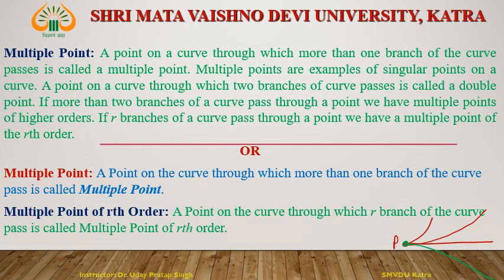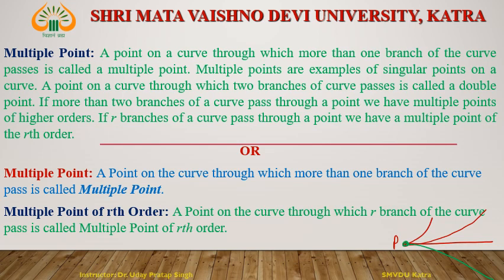If 3 branches of the curve pass through point P, then it is known as a triple point. If 2 branches of the curve pass through point P, then it is known as a double point. Then a point P on the curve through which more than one branch of the curve passes is called a multiple point. A multiple point is one kind of singular point on the curve.